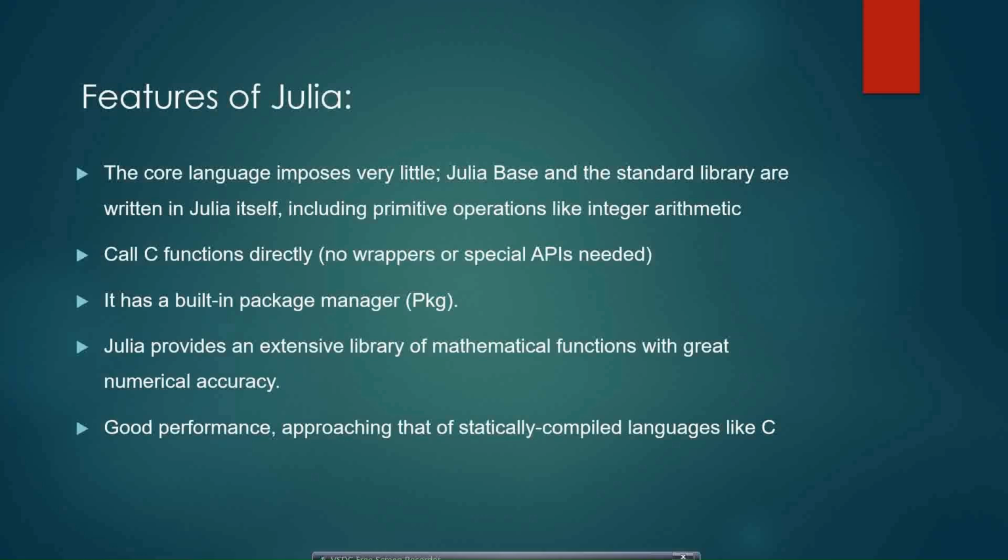Then it has a built-in package manager, Pkg. So if you want to include any package in your Julia file, you just have to import the package manager Pkg and then you can give that package's name. So yeah, it's very easy to include any package in your file.